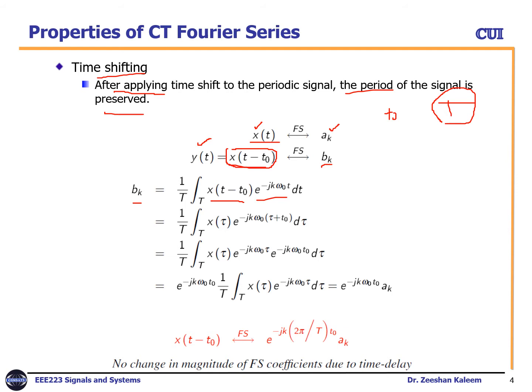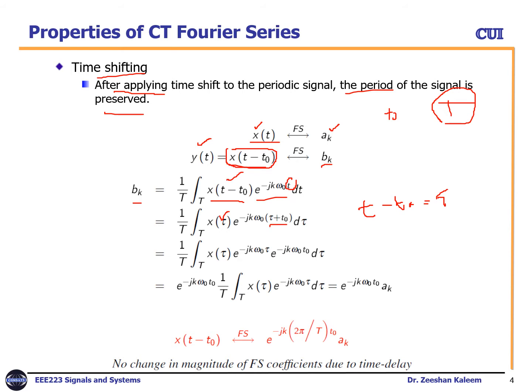Let's say that t minus t naught equals tau. So replace t minus t naught by tau, and then t will be equivalent to tau plus t naught. So we will put here tau plus t naught.